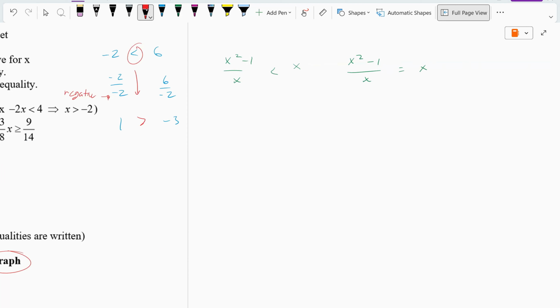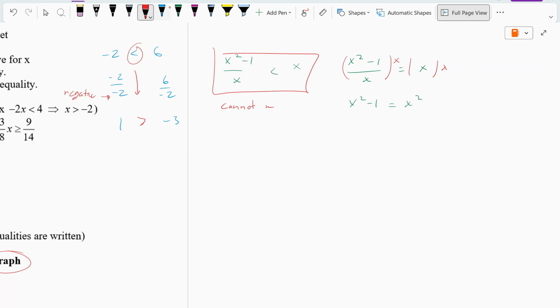We multiplied by x, right? And that's perfectly valid for an equation, but we may have created an extraneous solution, right? Turns out you cannot multiply this by x.